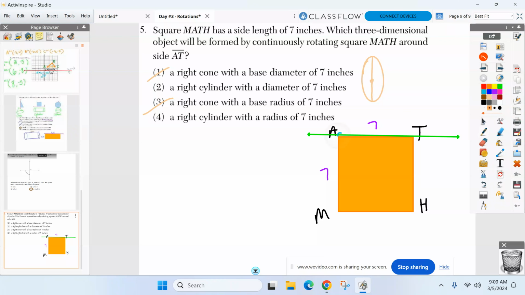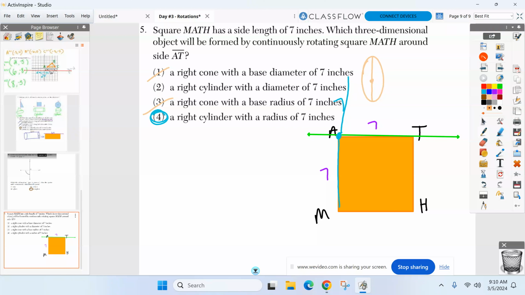Here's my center point, so this right here would be a radius on this side, and then when it rotates around, another radius on that side. So the diameter would actually end up being 14, not 7. So it would have a radius of 7. Diameter would be 14.